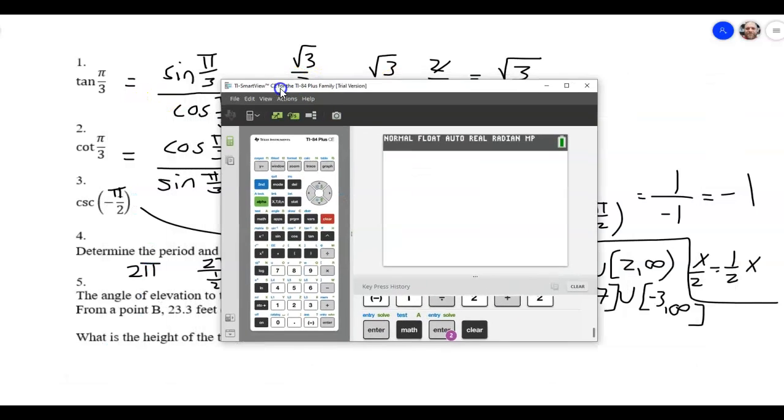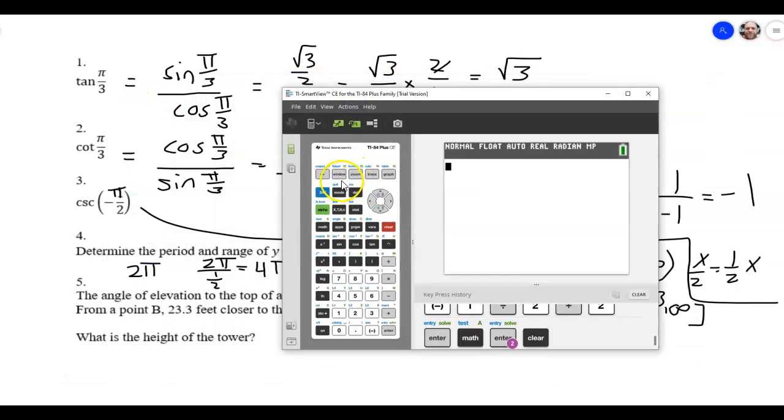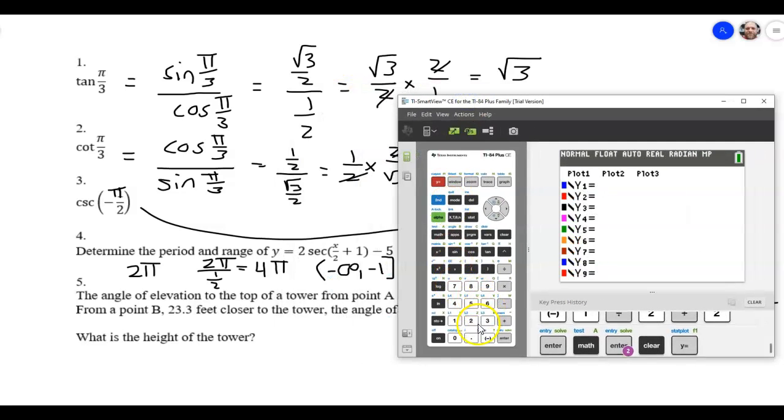What I can do here is, let's go to my y equals, and I'm going to put in that function there. So 2 times, now this is tricky, we don't have secant, so we can write that as 1 over cosine, because secant and cosine are reciprocal functions of each other.